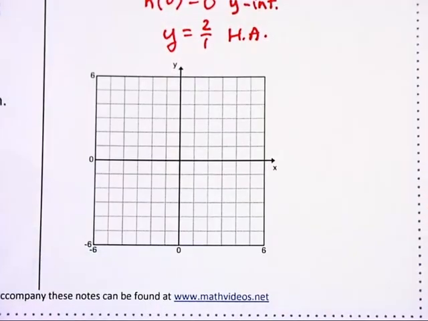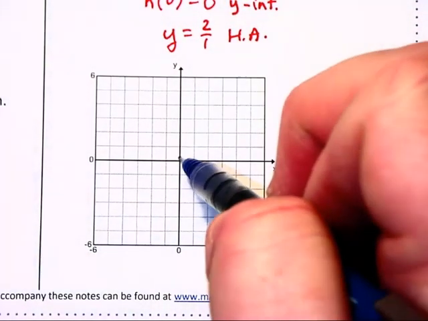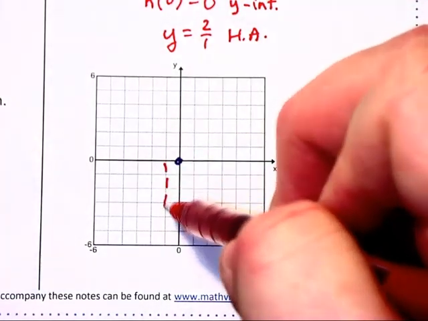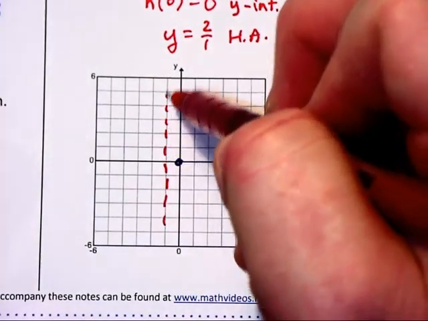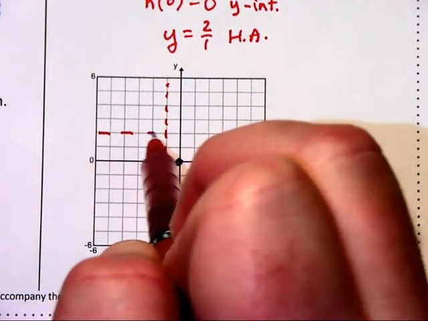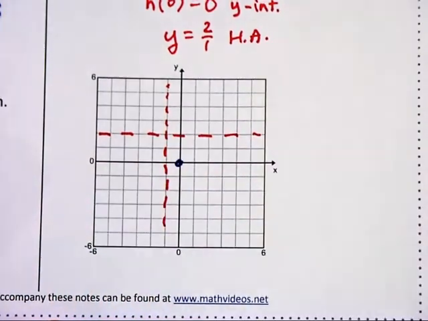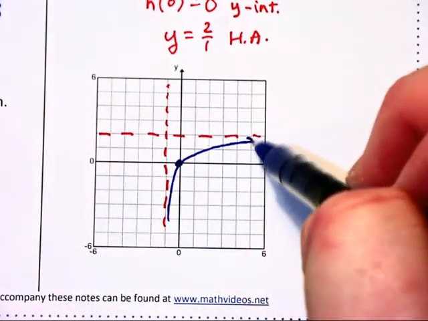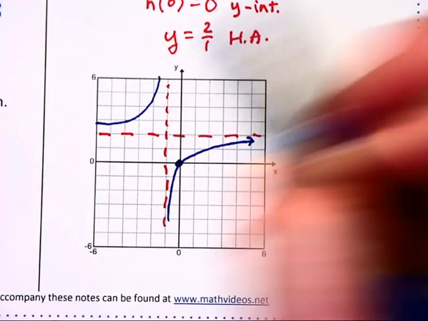So if we graph all of this, let's start with the x equals 0 x-intercept, the x equals -1 vertical asymptote. Let's do the y equals 2 horizontal asymptote. You will see that we're going to have our curve very quickly drawn right in there and then up on the top left.